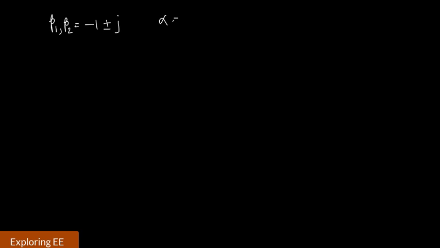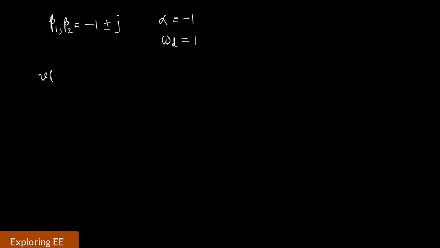So alpha equal to 1 and the imaginary part equal to 1. Instead of beta, we can write it in terms of omega d. Omega d is equal to 1.